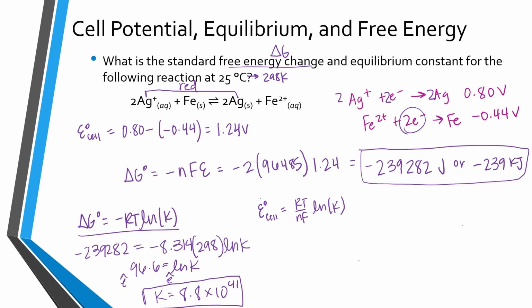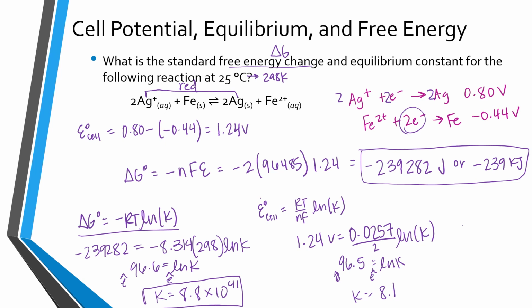Now, if we solve this over here with our other equation, we have the standard cell voltage is 1.24 volts equals, this is at standard temperature, so I can use the 0.0257, N is 2 times the natural log of K. And so then I have 0.0257 divided by 2, 1.24 divided by that answer is 96.5 equals the natural log of K, and looky there, we get the exact same answer.